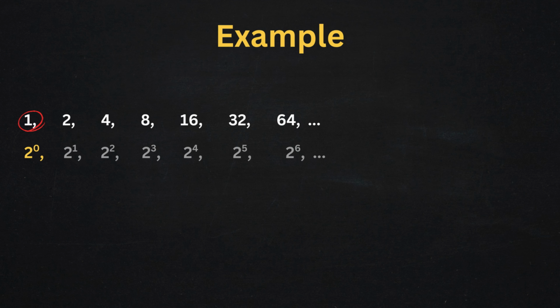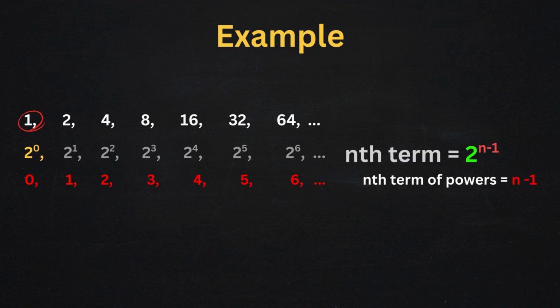Now, in our sequence, 2 is constant, and its power will form an arithmetic sequence: 0, 1, 2, 3, 4. Can you figure out the nth term of the exponent? It is the term sequence shifted backward, so we replace n with n minus 1. Now we have the nth term of the exponential sequence as 2 raised to the power n minus 1.